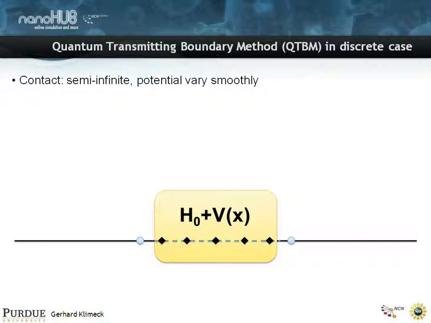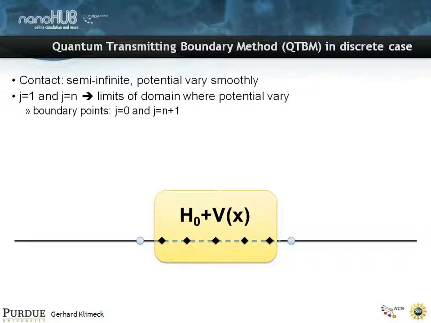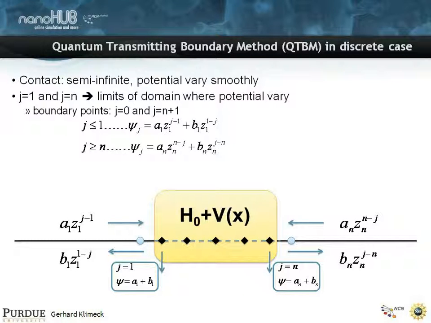So it's semi-infinite, with no variations on the left, and semi-infinite to the right. We add two nodes, j equal to 0 and j equal to n plus 1, to the system, and we assume by scattering matrix approaches that we know what these wave functions are: what comes in, what is reflected, and what goes through.